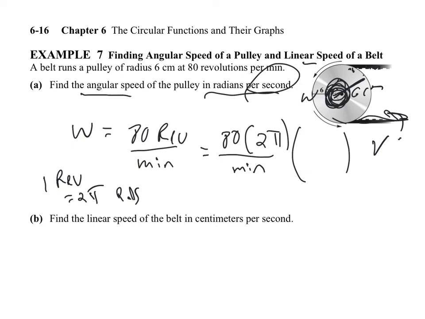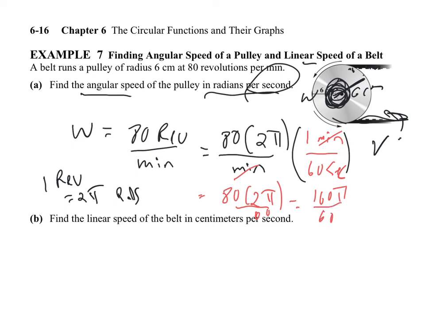We've done this several times. 1 minute is 60 seconds. Therefore, the minutes cancel out. So I'm left with 80 times 2 pi times 1 divided by 60, which is 160 pi divided by 60.